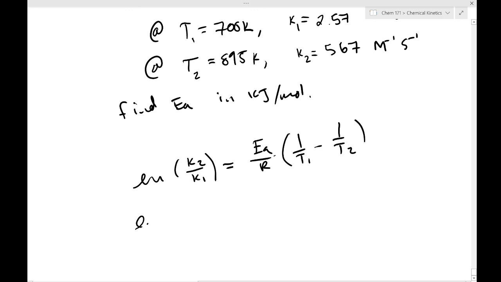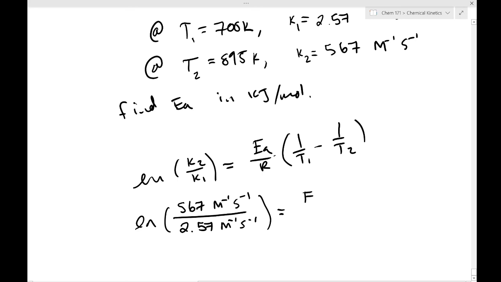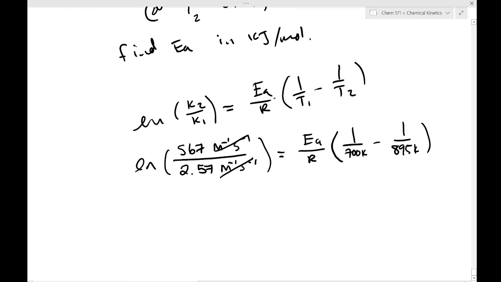Let's start out. Natural log of K2, K2 was 567 per molar per second, divided by 2.57 per molar per second, is equal to EA over R times 1 over T1, which was 700 K, minus 1 over T2, which was 895 K. Okay, these units cancel out here, and we end up with just a number on this side, which ends up being 5.40.